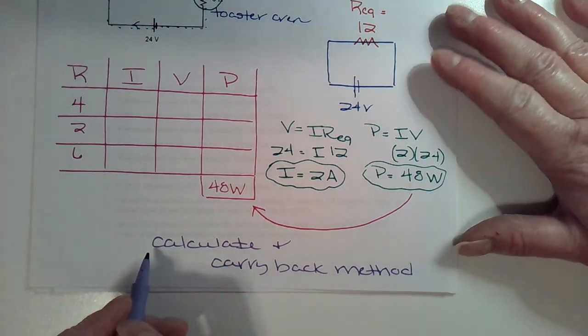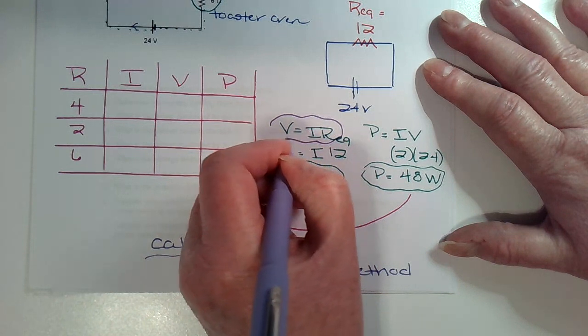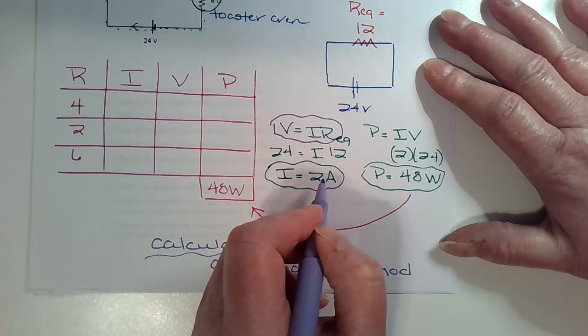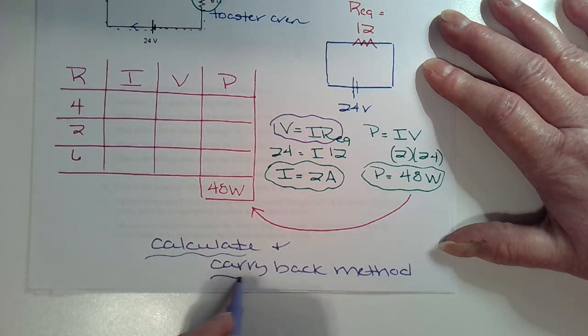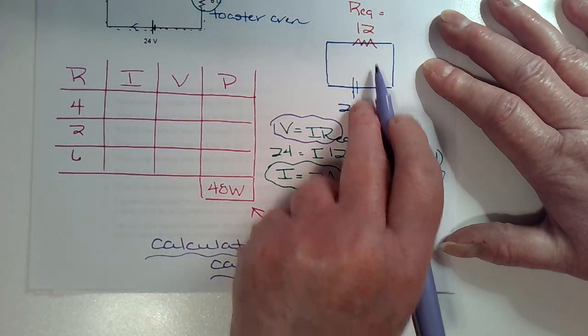When they say calculate, they mean use V = IR. And then take your answer and carry it back to the picture before this one.